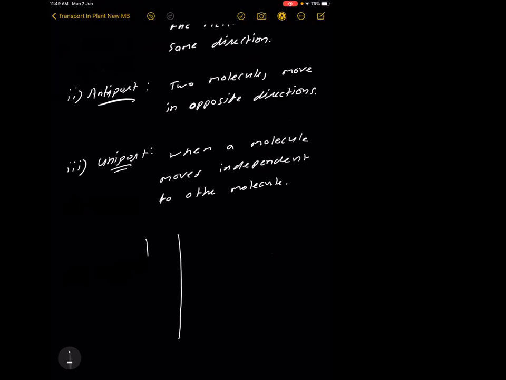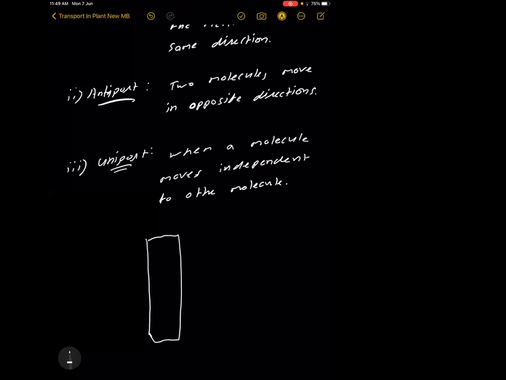Independent movement means it is not the same material. If two materials are used, one molecule moves in its direction, whether it enters the cell or exits the cell. So this is a single molecule, and its movement is independent from the other material. That is uniport.